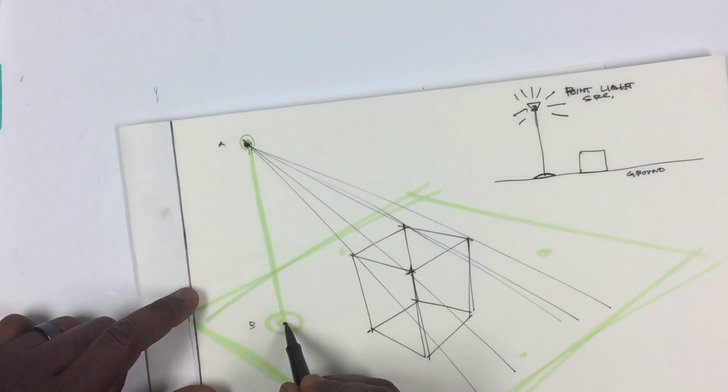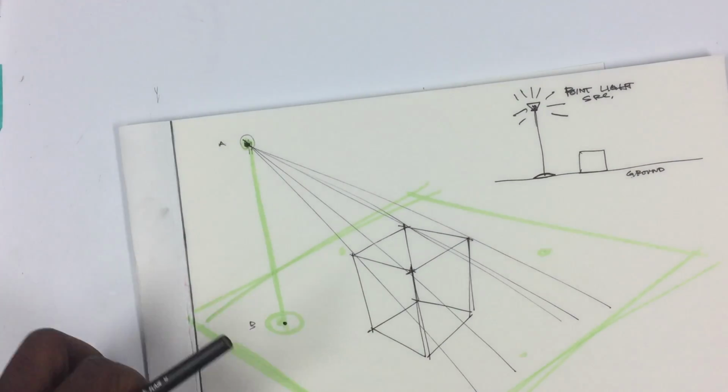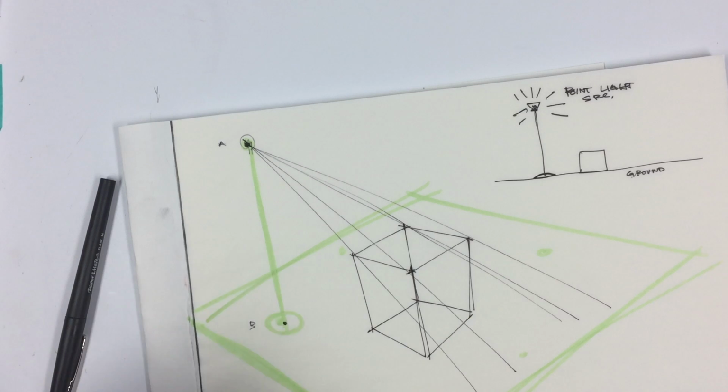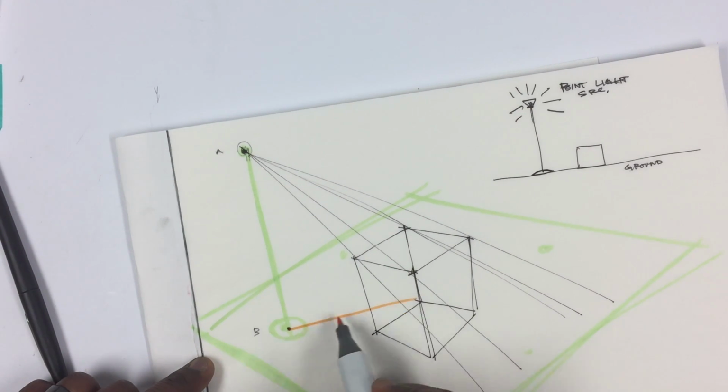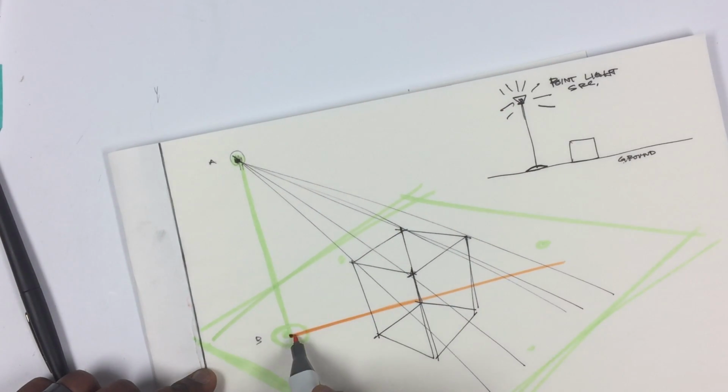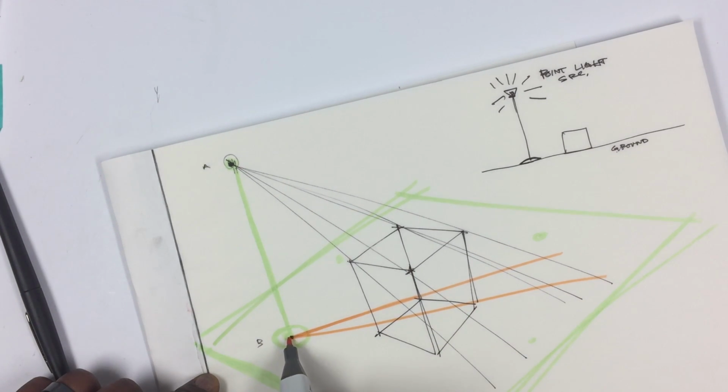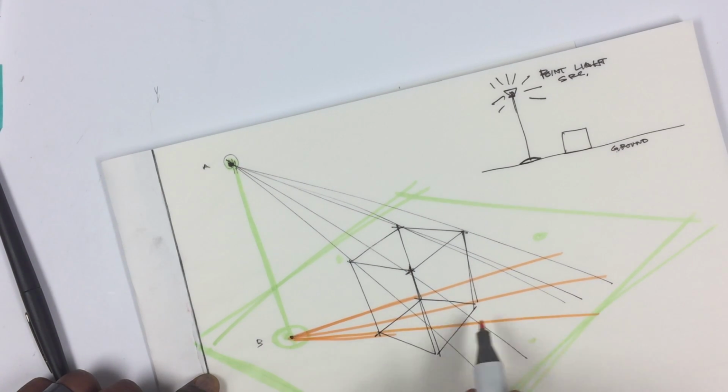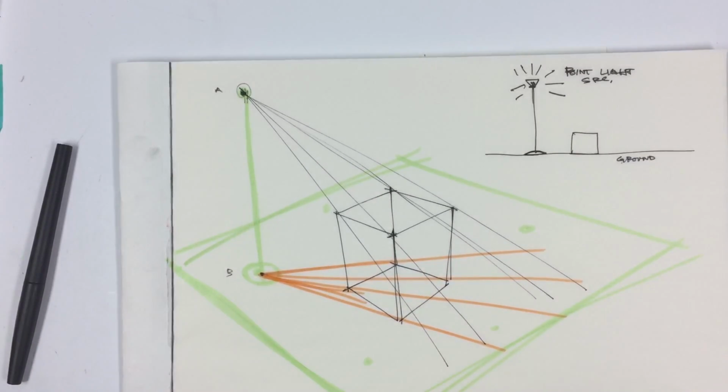Okay, and then from the bottom here, let's do this in a different color so you can see it. I'm going to project through each of the bottom corners of my cube, and I'm kind of just extending these lines out because what I want to do is identify where all of these intersections are happening.